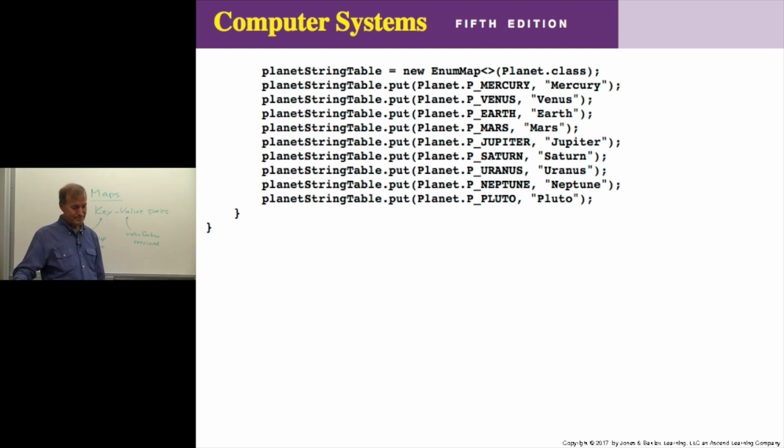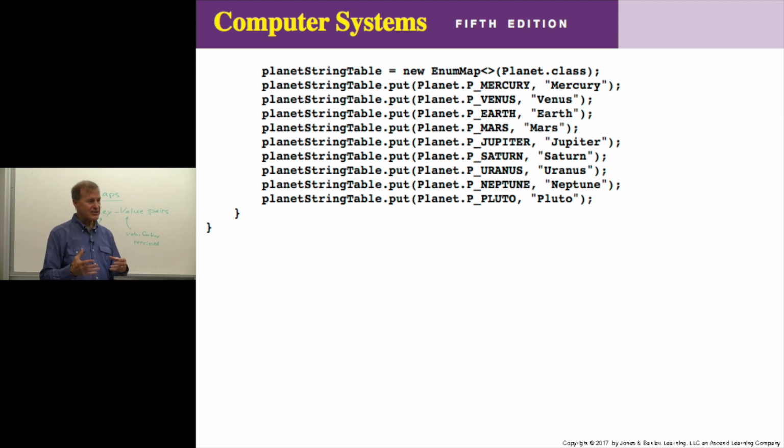Okay. So here again is planet string table gets new enum map, and it's planet.class. All right, and then we do planet string table dot put planet.p Mercury, and then we write Mercury the way we want it to be printed out, uppercase and lowercase the way we want it.